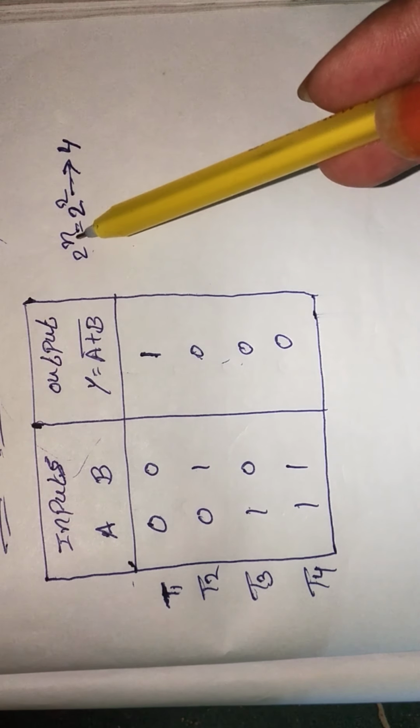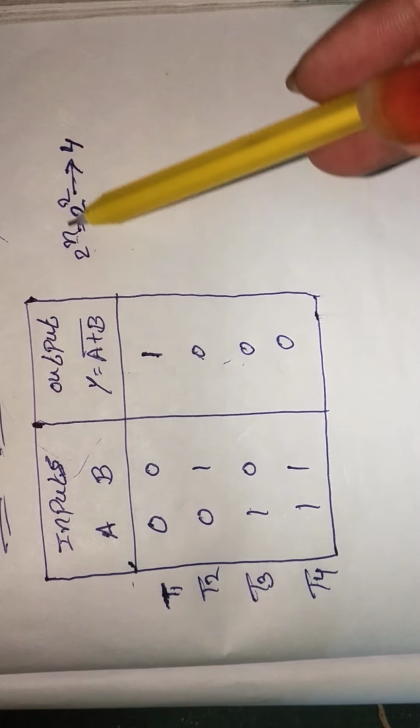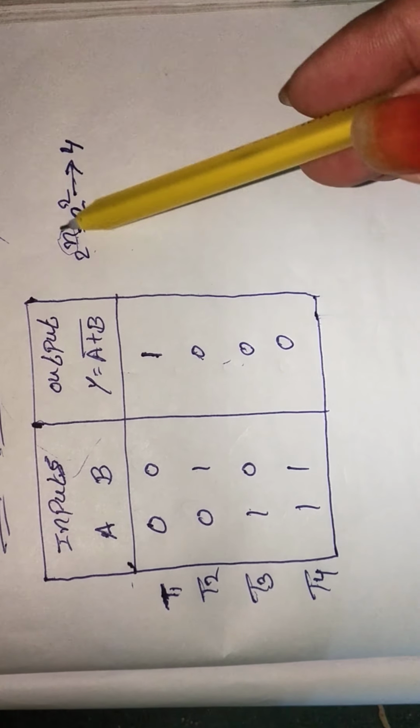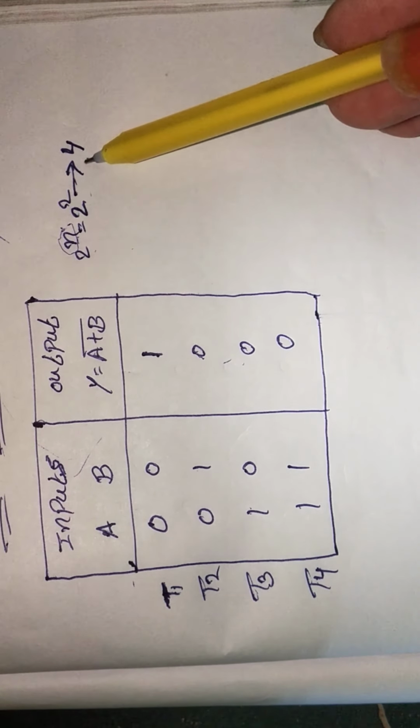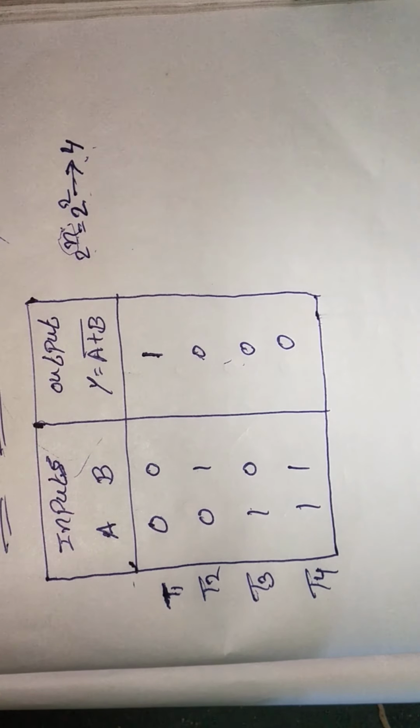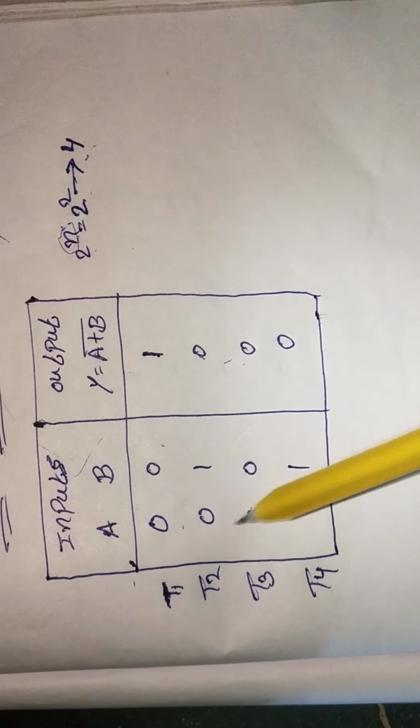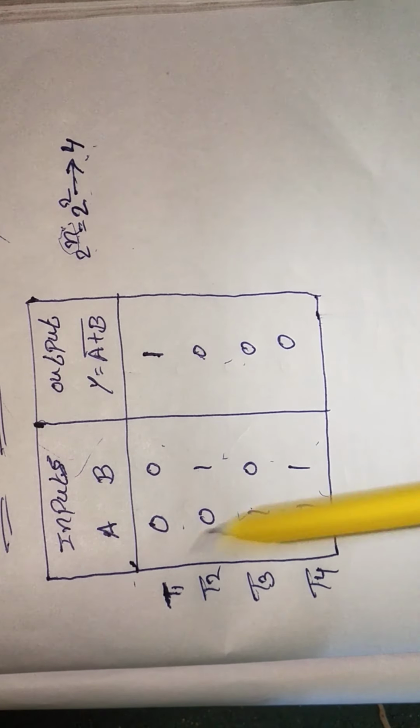Here 2 power n, with two input variables, gives 4 combinations: 0 0, 0 1, 1 0, 1 1.